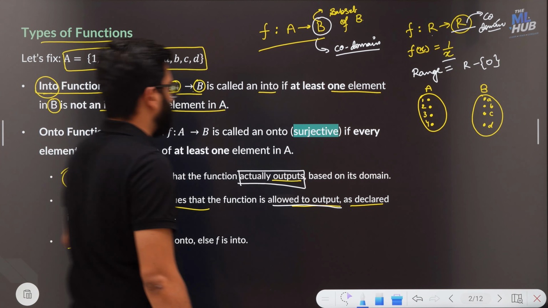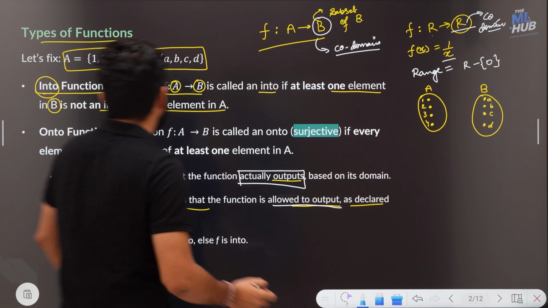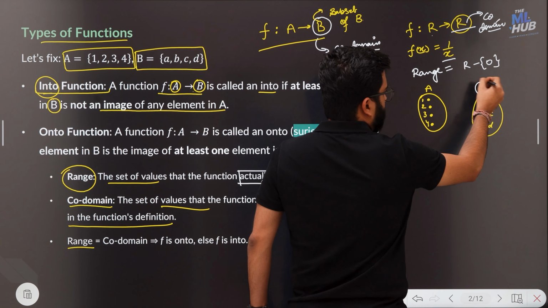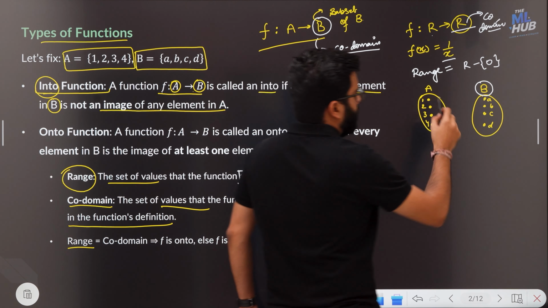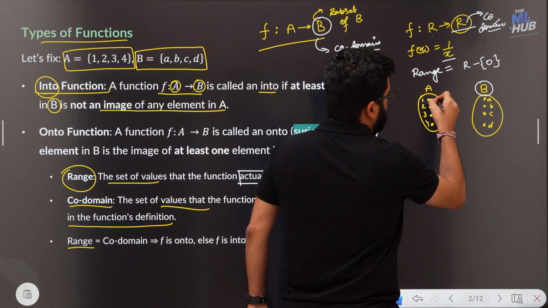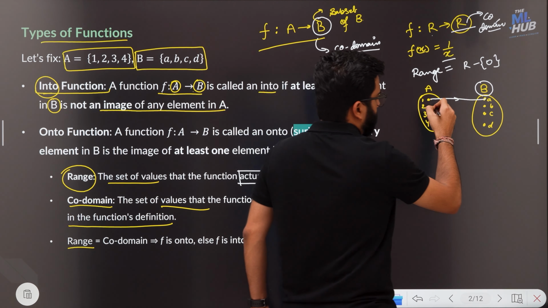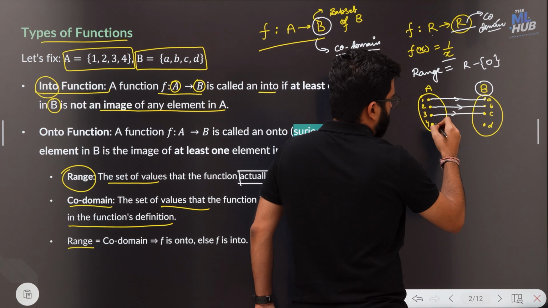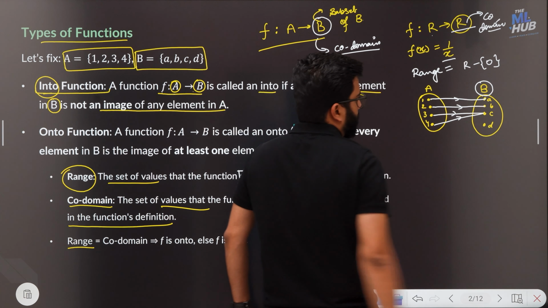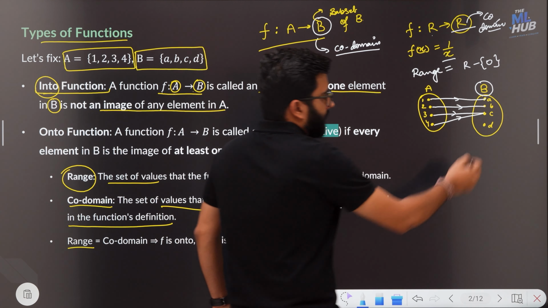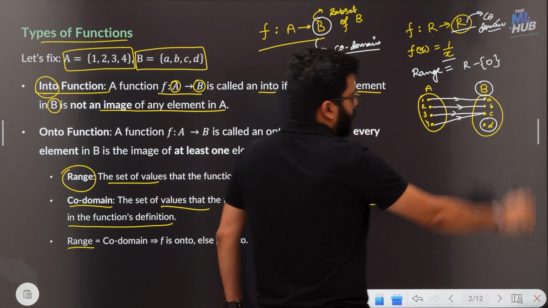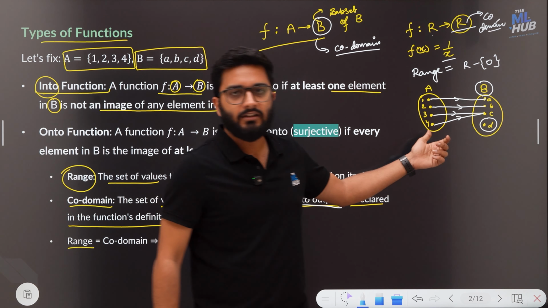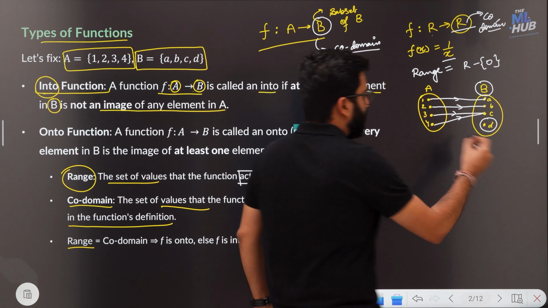The definition of an into function says the function maps in such a way that at least one element in B does not have a corresponding pre-image in A. Let's have this as the mapping. This will be an into function. Why? Because we have an extra element d which does not have a corresponding x. We have a y in B which does not have a corresponding x in A. So this is an into function.